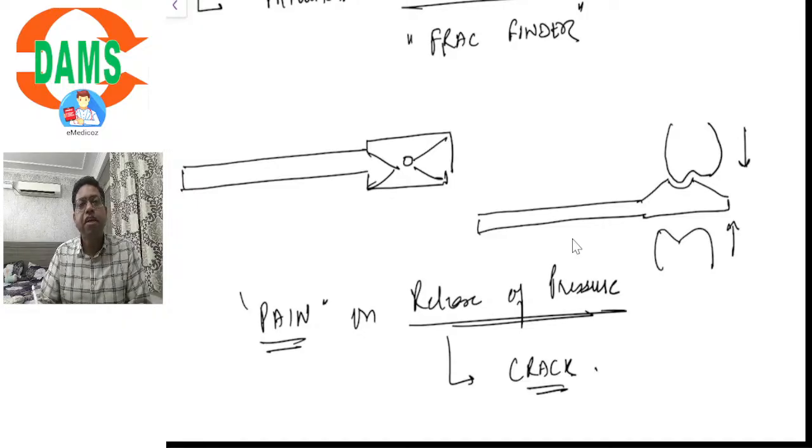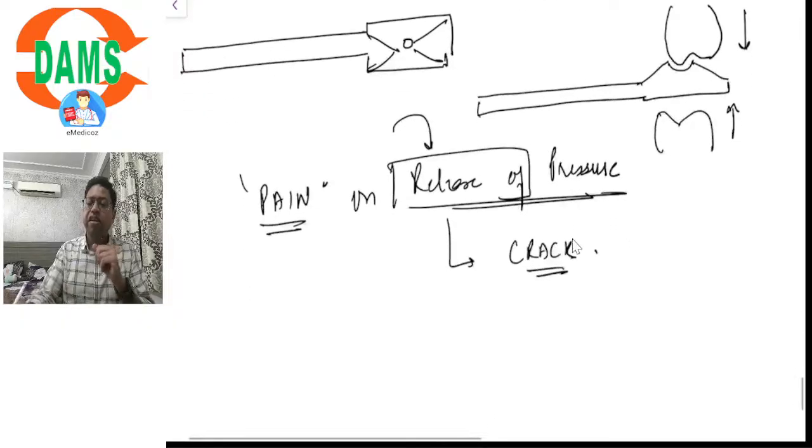Why would there be pain on release of pressure? Because when the patient releases the pressure, there is microscopic movement of tubular fluid along the crack that causes stimulation of A delta nerve fibers and the patient feels pain. So pain during the release of pressure is the diagnosis for crack in the tooth.